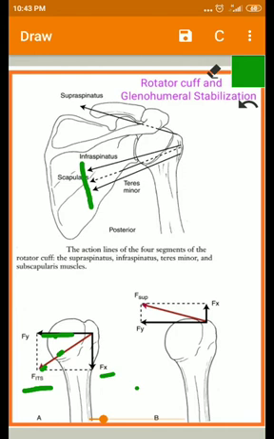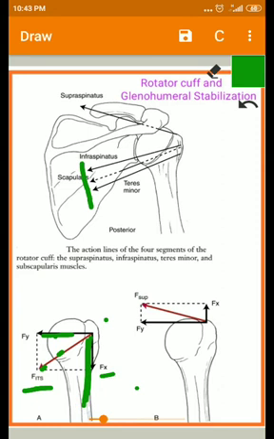This is due to the fact that the articular surface of the humerus lies nearly perpendicular to the shaft of the humerus.